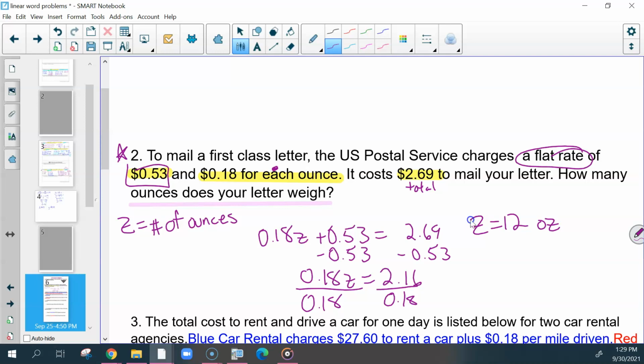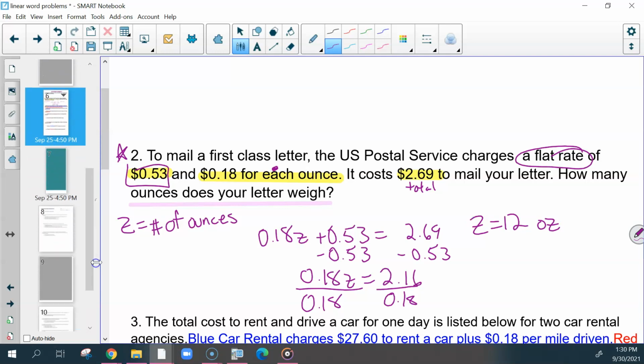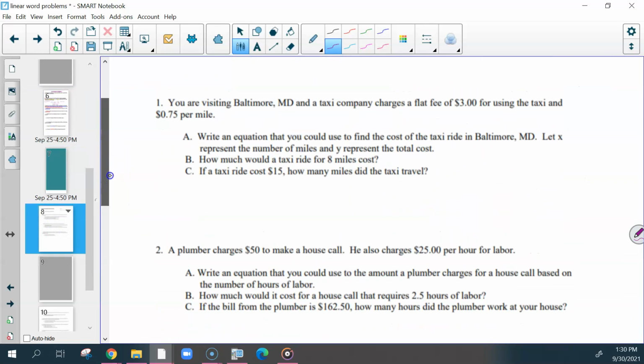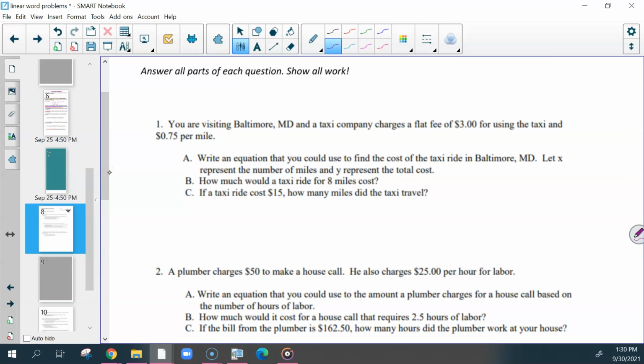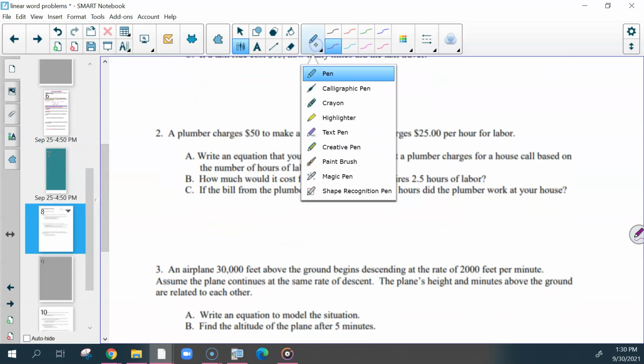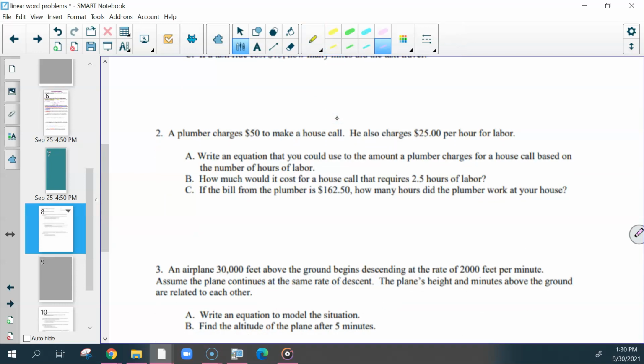And then I'm going to do one of the example homework problems, and then we'll be done. No, let's do number 2. So for number 2, a plumber charges $50 to make a house call.